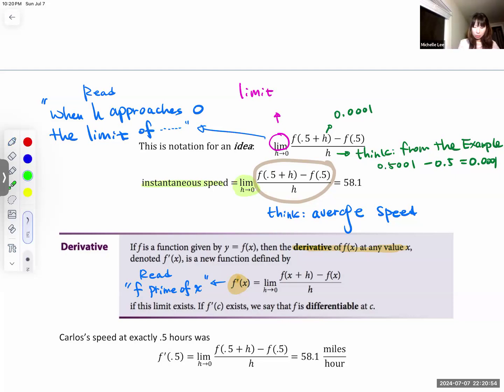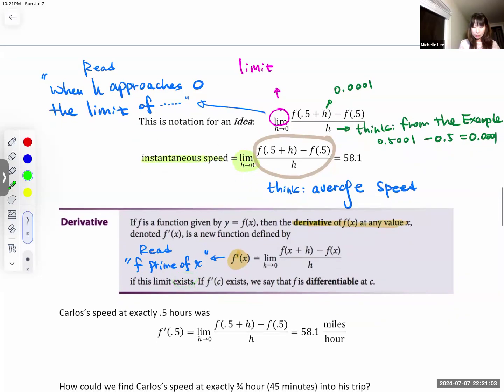Okay, now if this limit exists, limit exists means we get a number. The answer is a number.